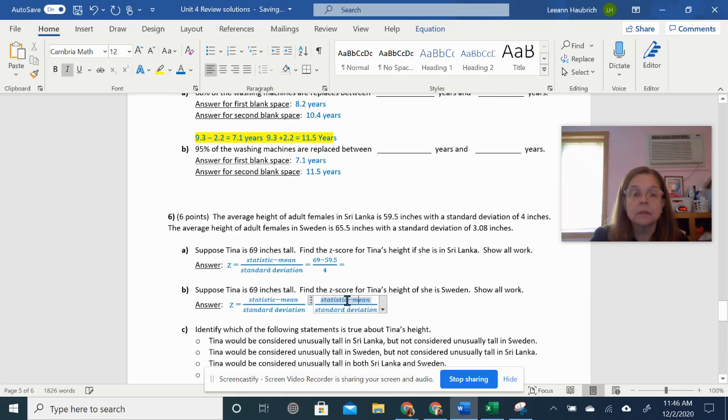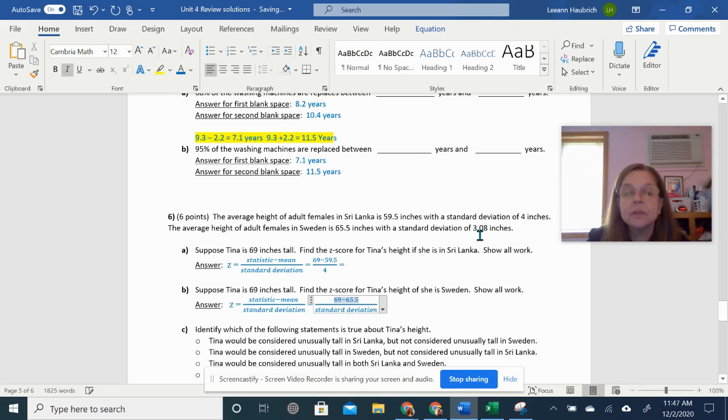So the statistic is 69 inches. And the mean in Sweden is 65.5 inches.